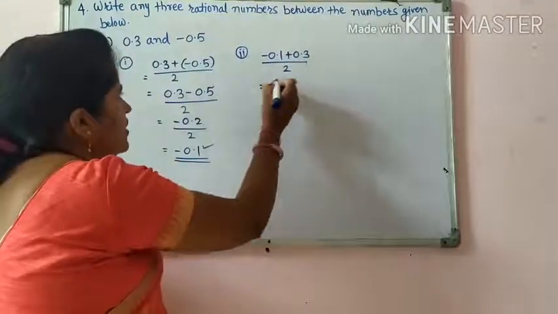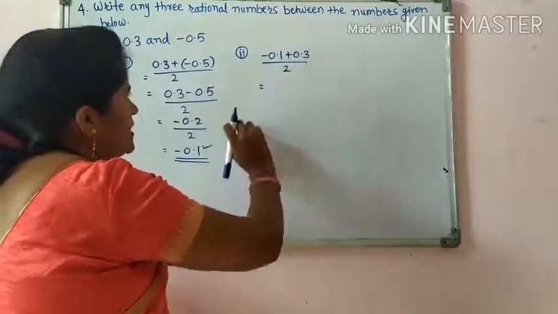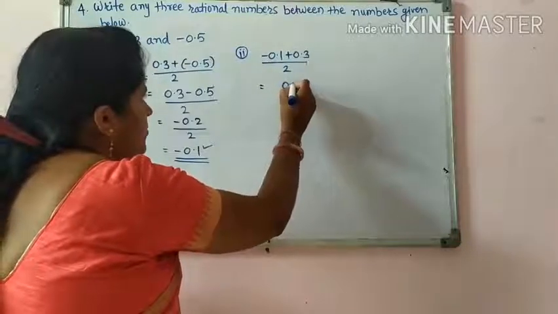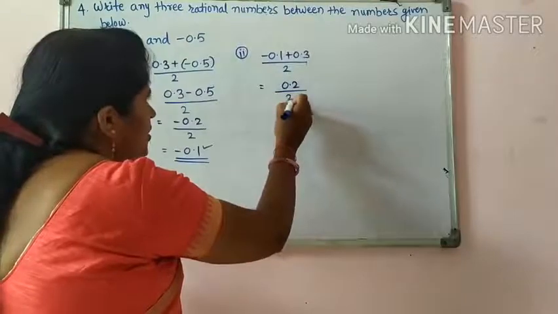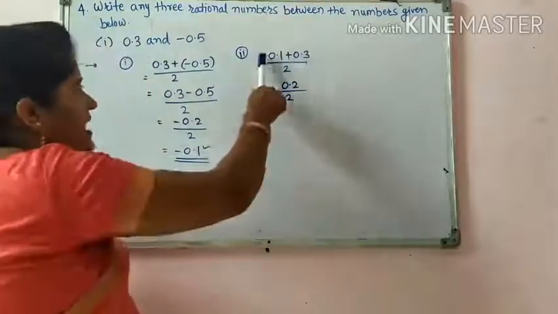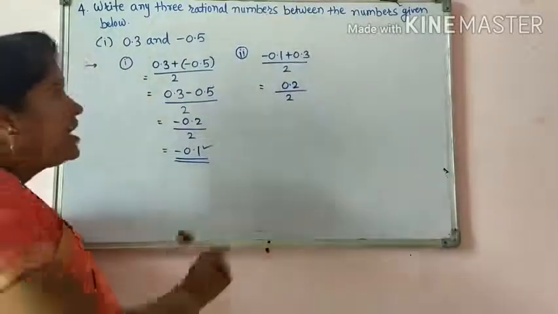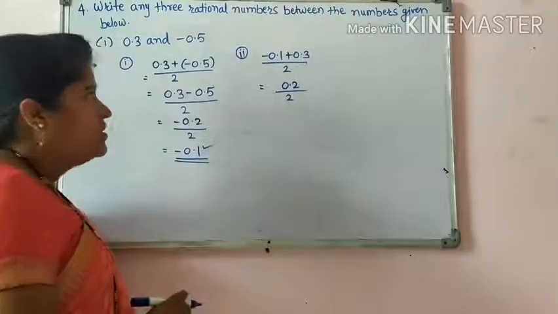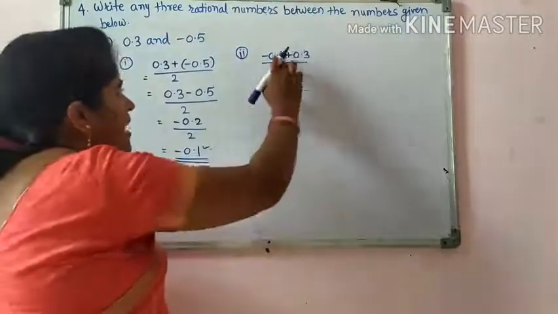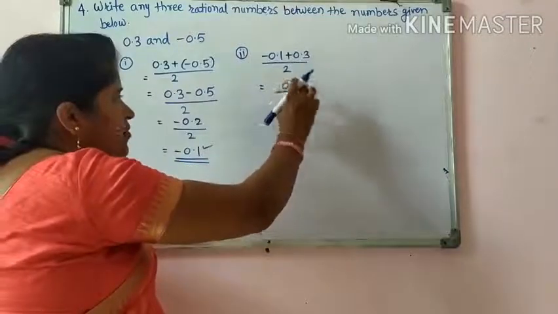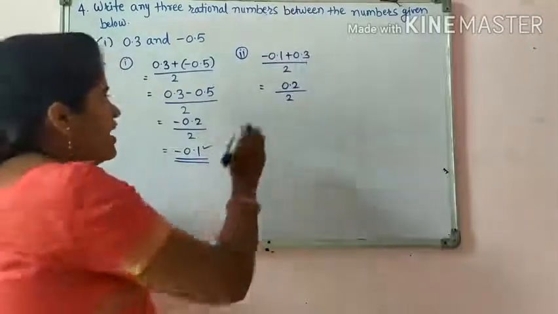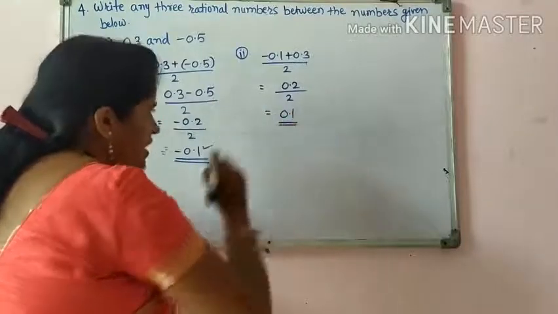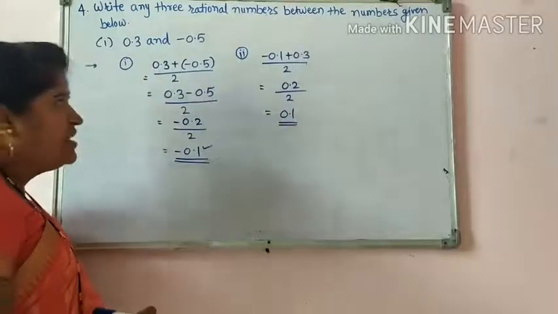So this is equal to minus 0.1 plus 0.3, that is 0.2 upon 2. हे मायनस आणि प्लस असल्यामुळे काय होणार आहे? ह्या 0.3 मधून हा 0.1 मायनस होणार आहे. So 0.3 minus 0.1 is 0.2 divided by 2 is equal to 0.1. So this is second rational number.